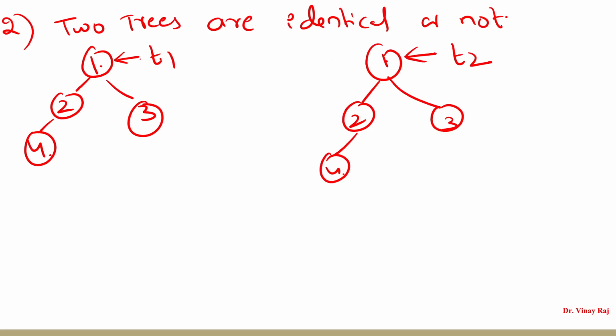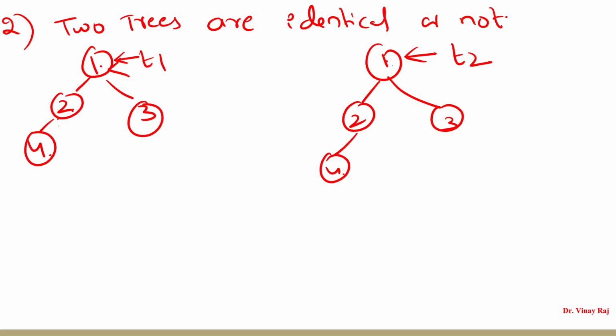If T1's data is equal to T2's data, then you have to go to the left side as well as right side, both the sides. If both the data are equal, then you have to check T1 left also, T1 right also. So for that we use recursion, because I have to call the same function at a time for two different nodes.